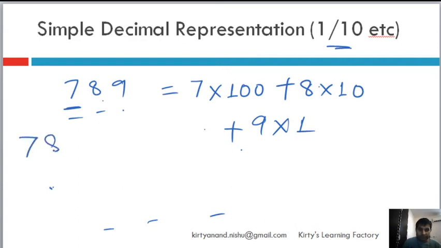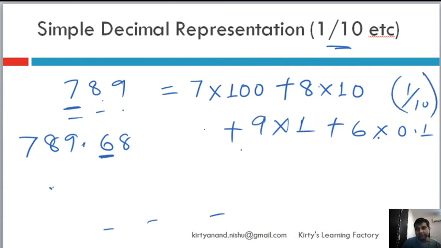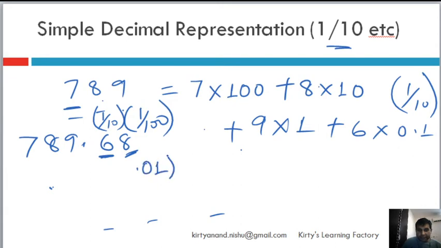Similarly, if the number were 789.68, and we continue this, after the decimal, the face value of this digit is 6, but the place value is 0.1 or 1 by 10. That is the place value, right? This next one is 1 by 100, the place value, or 0.01.